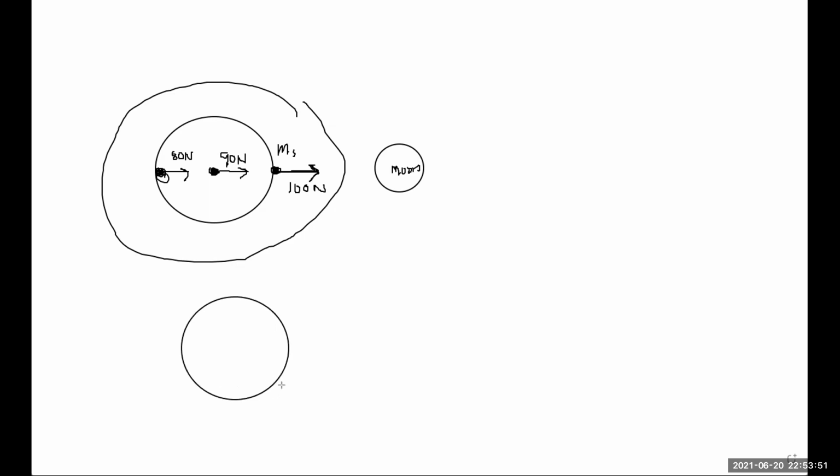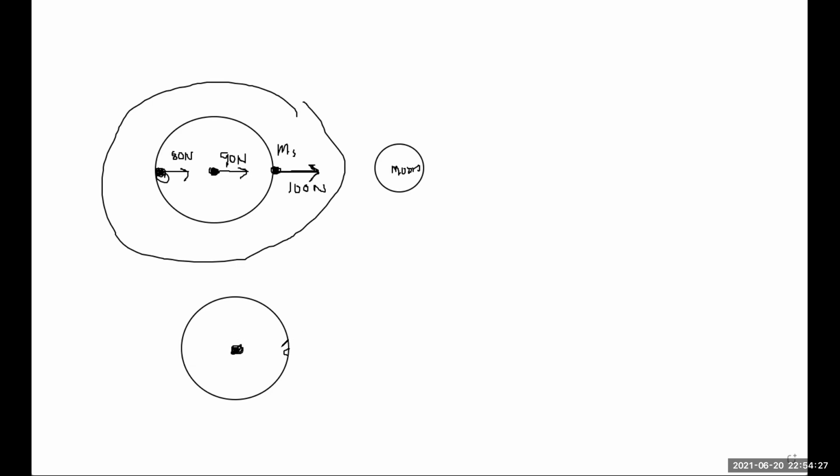Okay, so now here's what I'm gonna do. I'm gonna call the force on the center 0 newtons for a second. So with respect to the force that mass would have felt if it was at the center of the Earth, let's make that force 0.